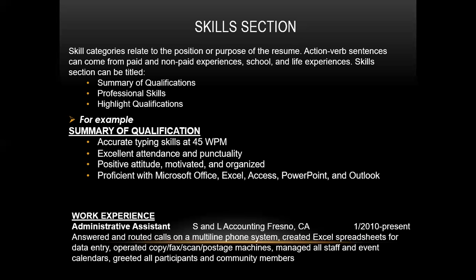So you can do it this way, bullet point, or you can write a short 4-sentence paragraph that highlights it. So it's really up to you format-wise, and then your choice to make.